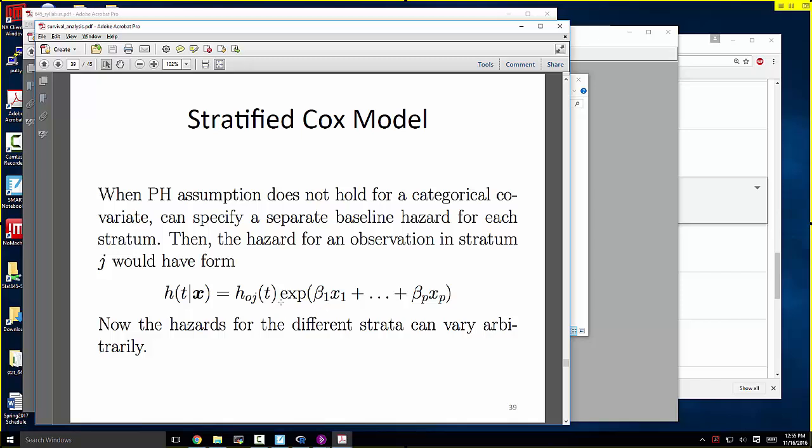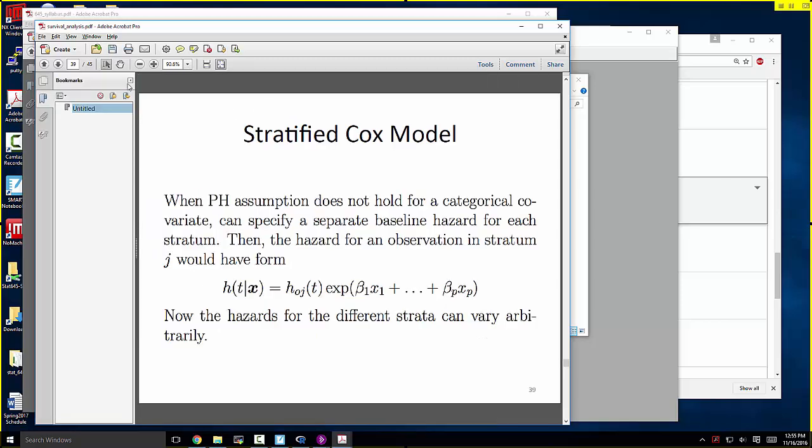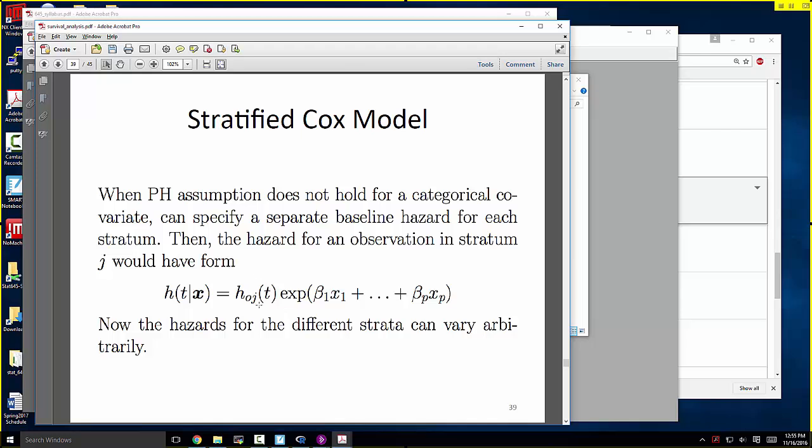What we can do is allow for there to be a separate baseline hazard for the levels of x1. If we do that, then it's essentially like we're allowing the effect of x1 to vary with time.